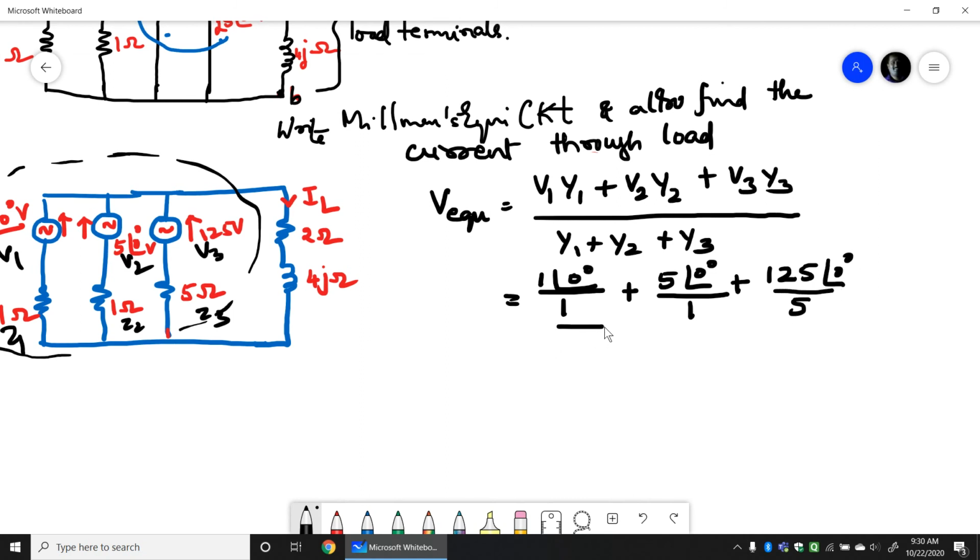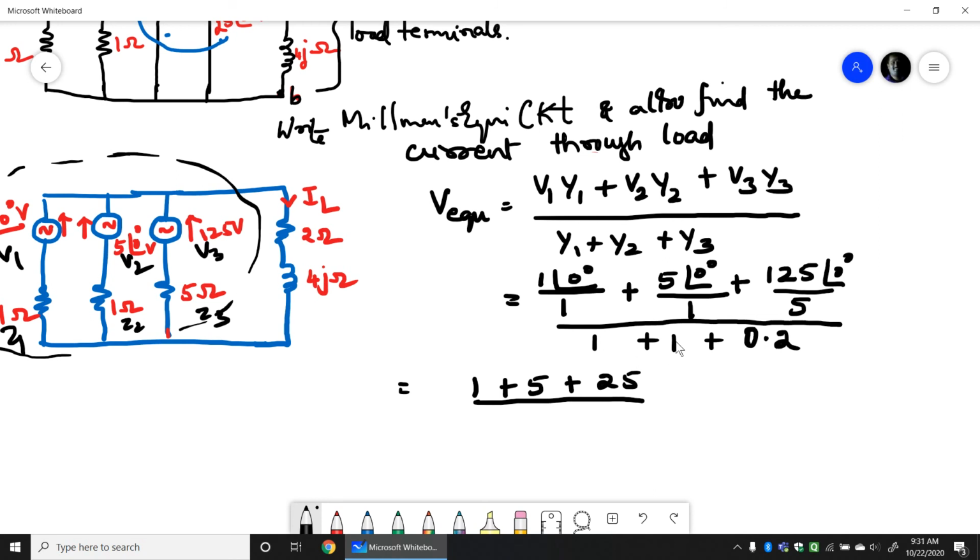This whole thing is divided by Y1 plus Y2 plus Y3, which is 1 over 1 plus 1 over 1 plus 1 over 5, and 1 over 5 I can say is 0.2. So this equals 1 by 1 is 1, plus 5 by 1 is 5, plus 125 by 5 is 25, and this whole thing divided by 1 plus 1 is 2, 2 plus 0.2 is 2.2.